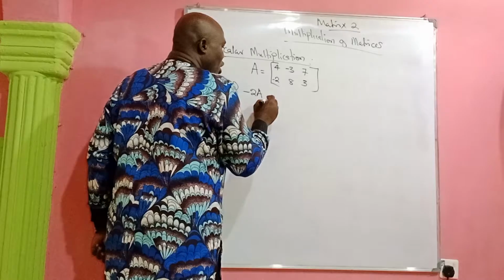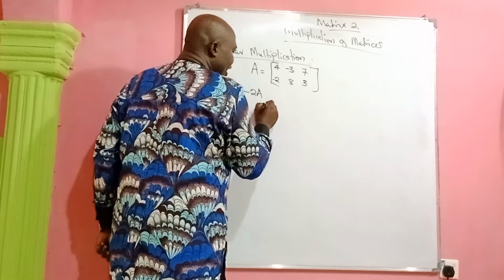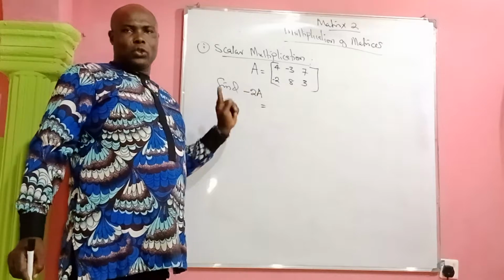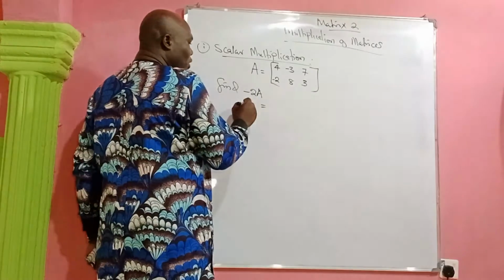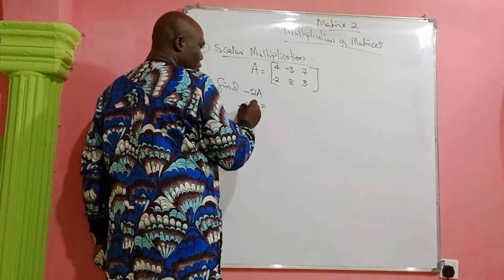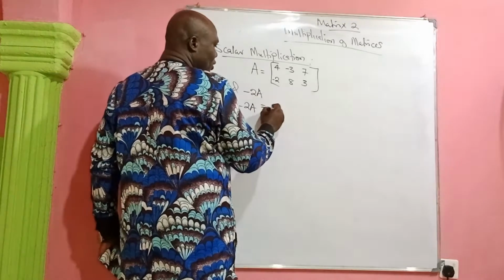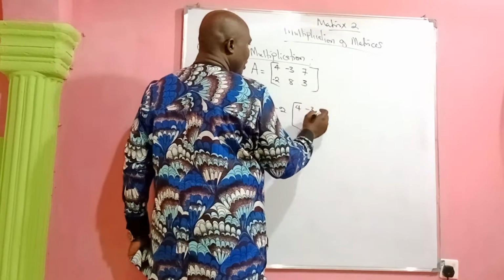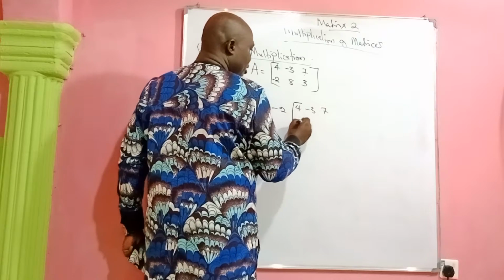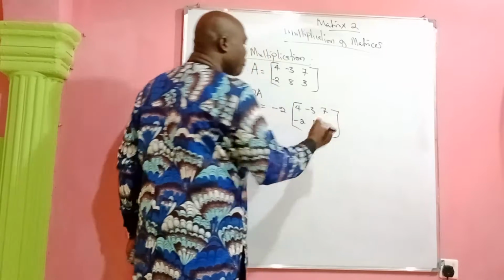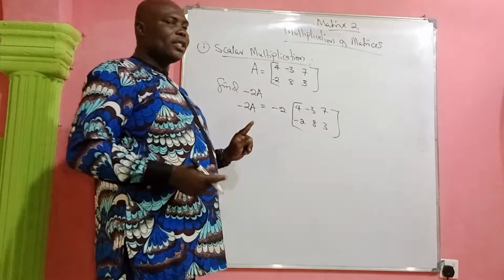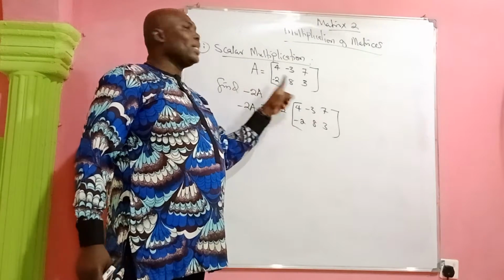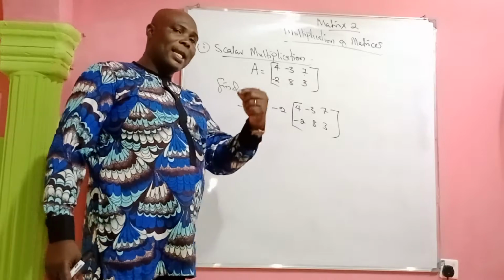It means all we need to do is to multiply the matrix A by the scalar minus 2. Now, our minus 2A will be equal to minus 2 into the matrix A. So to find minus 2A means we should use the scalar minus 2 and multiply by the matrix A. That gives what we call scalar multiplication.